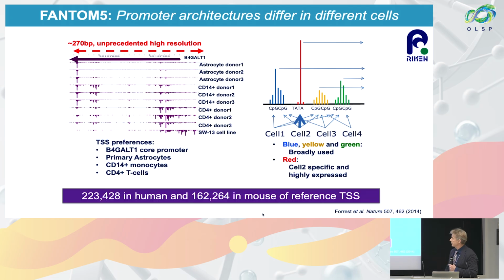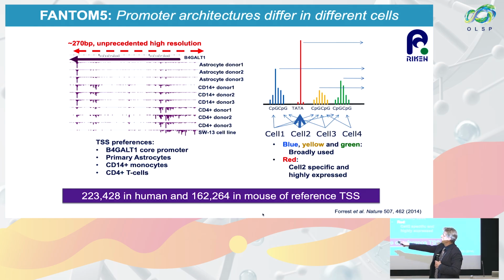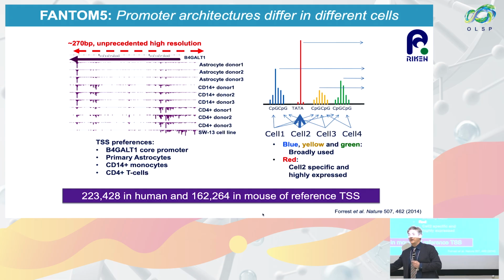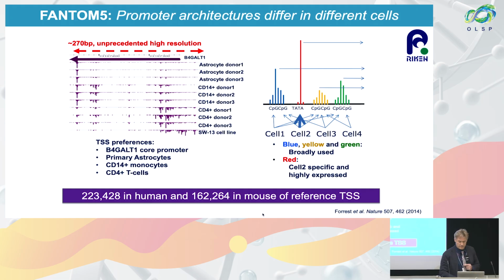And if you look at how many we have, calling group 1, group 2, and group 3, we have more than 223,000, which is much more than the number of genes, which means that there are many alternative promoters, but also many non-coding RNAs, which are also a part of this.